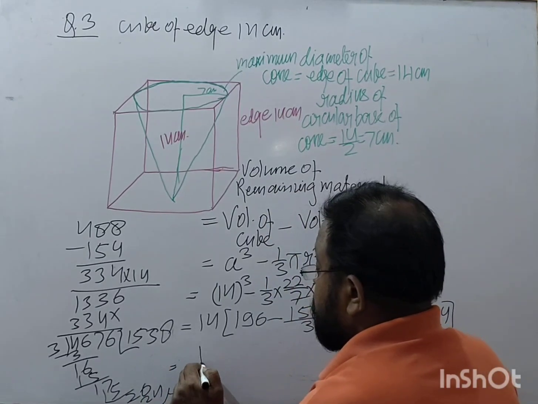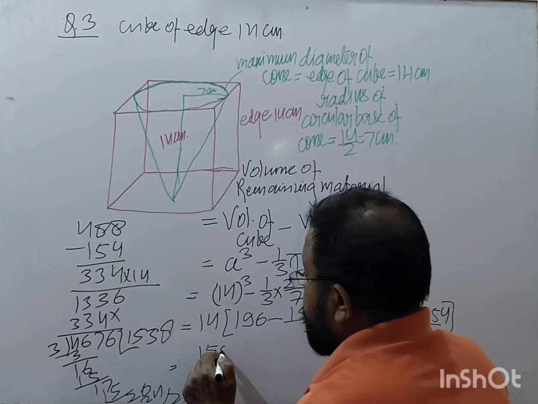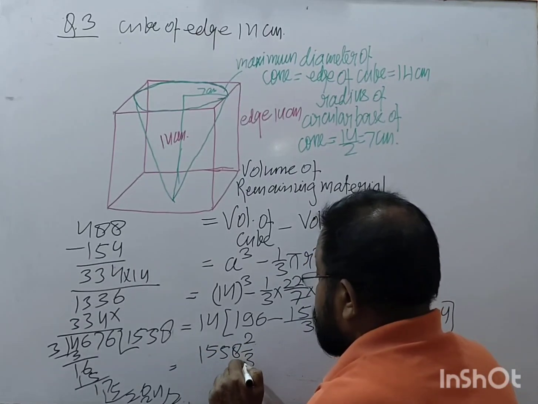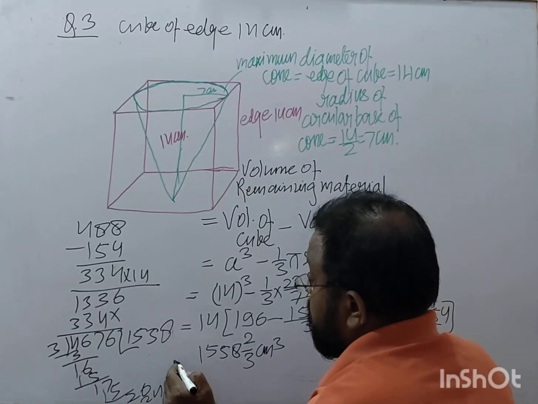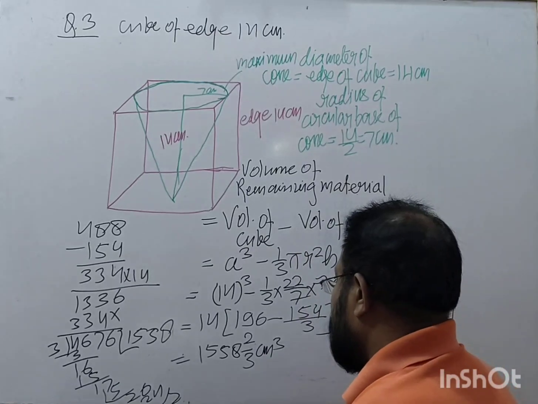How much is it? 1558 whole 2 by 3 centimeter cube. What is your answer? 2025 whole 1 upon 3.